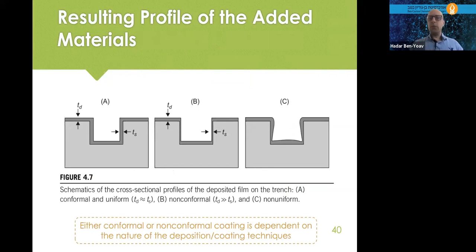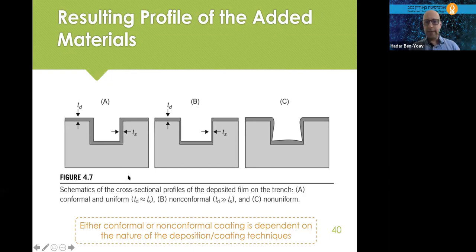So first, we want to define properties or characteristics that define our coatings of the material. For that, we define two different variables. We have the thickness of the deposited film for the vertical direction, and the thickness for the horizontal direction.